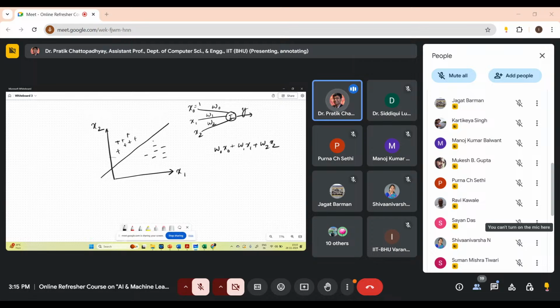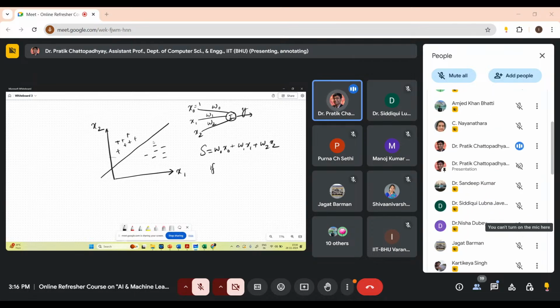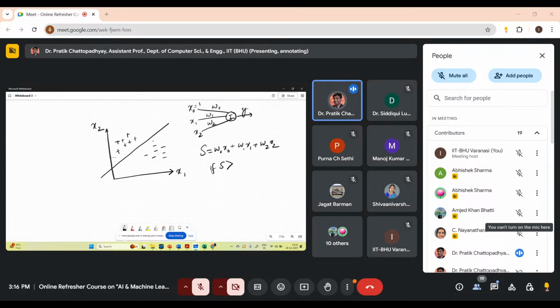Now if this summation S is greater than 0, then it will map to one class, say class 1, else class 0. So for all the points on this side of the line, if we take x1, x2 and W and compute S, that value will be greater than 0.